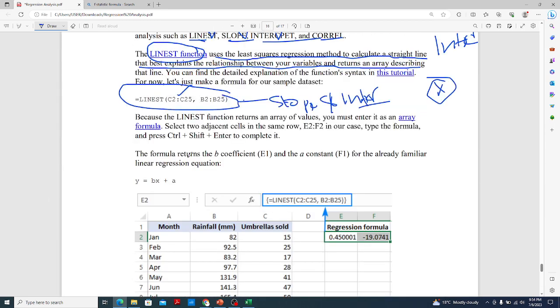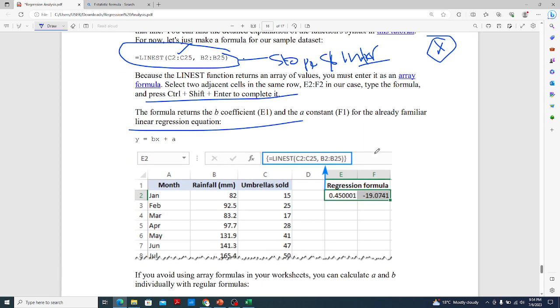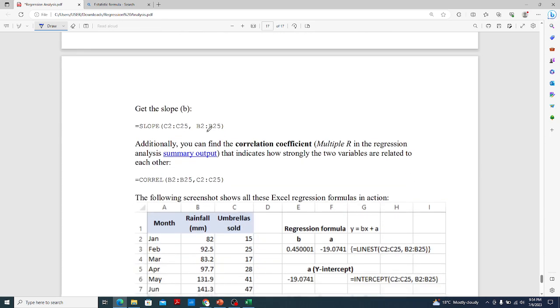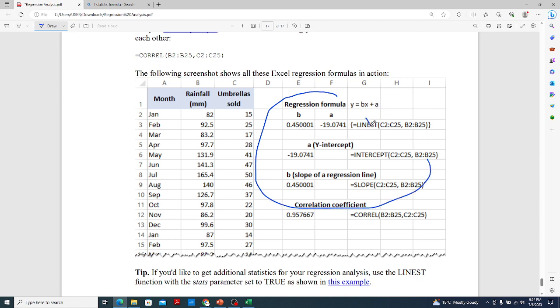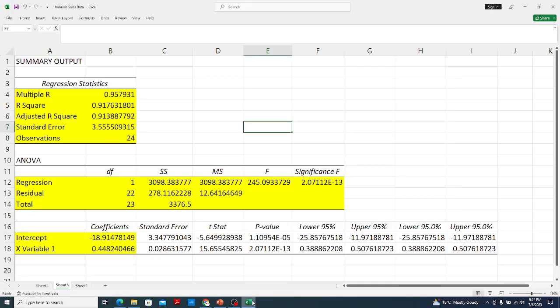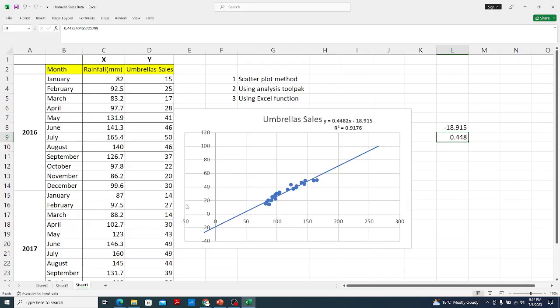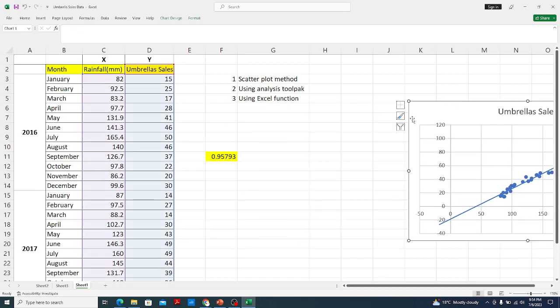Then you can read all this again to follow up, but it's almost the same thing. I'm just going to do the practical part, where we'll use these three formulas, LINEST, intercept, and slope, and see if we get the same output.